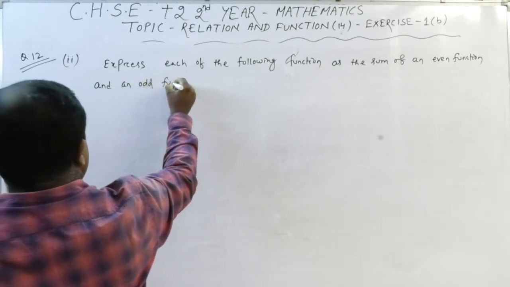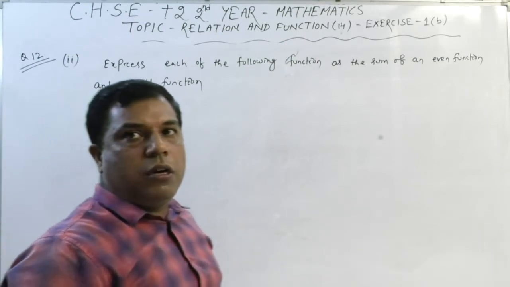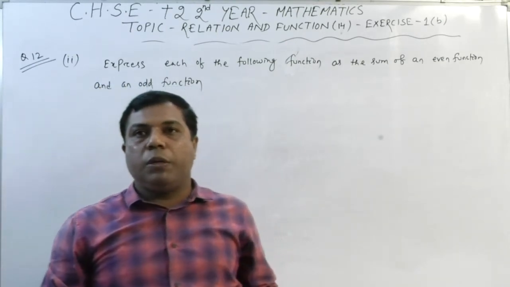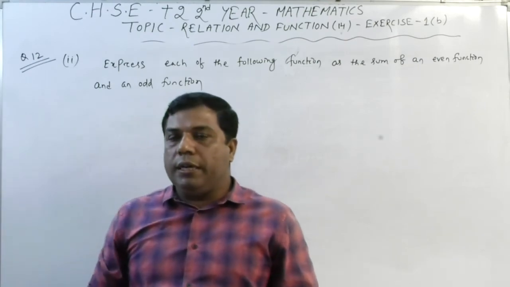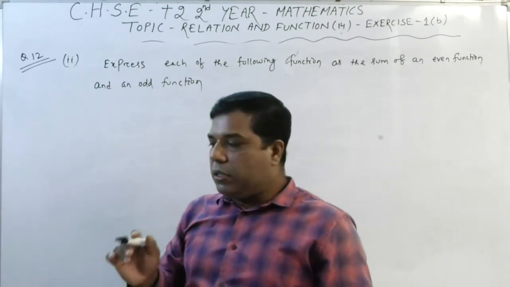That means we have to show a function as a sum of an even function and an odd function. The same function is present, but we have to split it into two parts, out of which one is even and the other is odd.